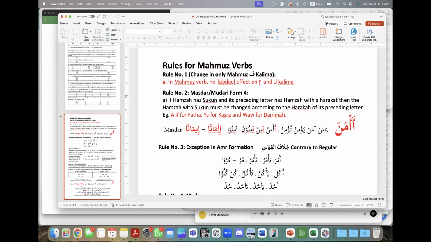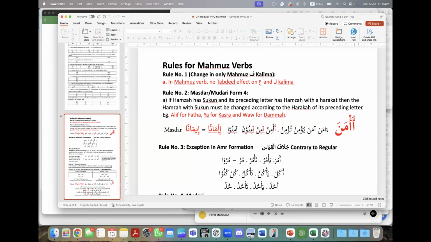Rule number 2: masdar and mudari of form 4. It is very important and it is used a lot. I'll try to simplify as much as I can, but you have to go through this. If Hamza has a sukun, like you see here, and its preceding letter also has a Hamza with a haraka, it is prominent.